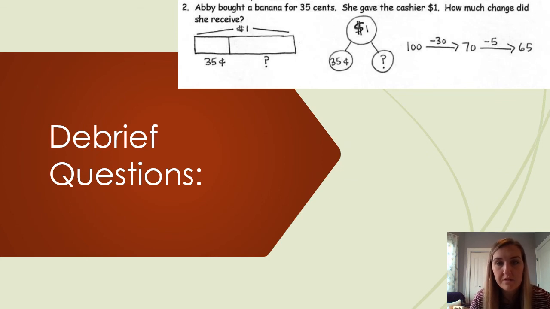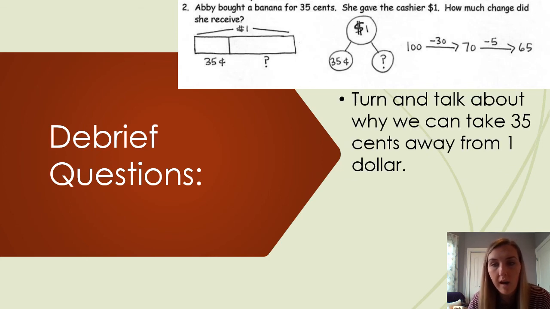Question 2, we're going to turn and talk about why we can take 35 cents away from $1. Why are we able to take 35 cents away from $1? Remember, $1 is the same as 100 cents.